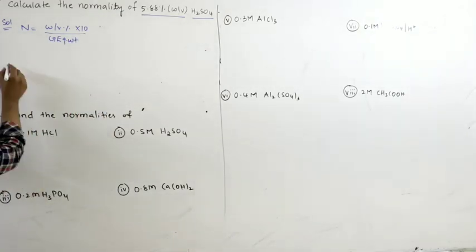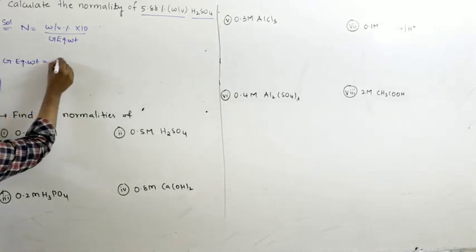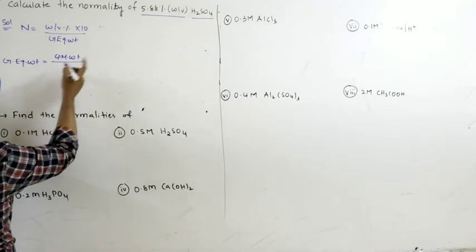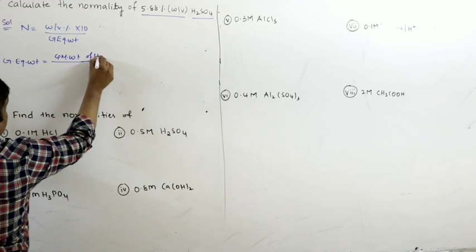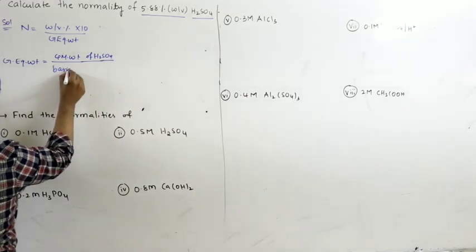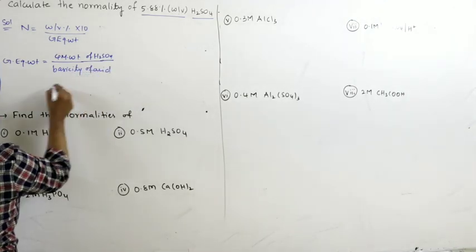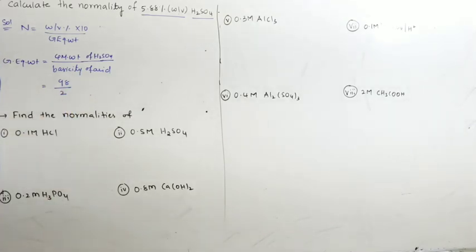Now, what is gram equivalent weight equal to? Gram molecular weight of solute by basicity of acid. For H2SO4, gram molecular weight of H2SO4 by basicity of acid. The molecular weight of H2SO4 is 98, basicity of H2SO4 is 2.